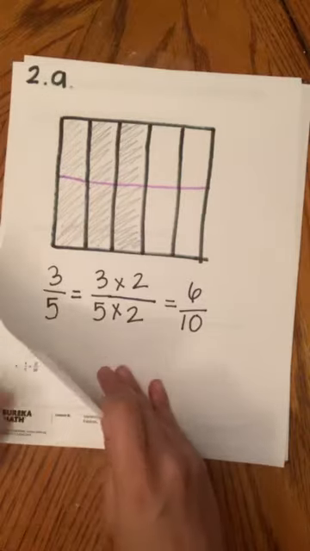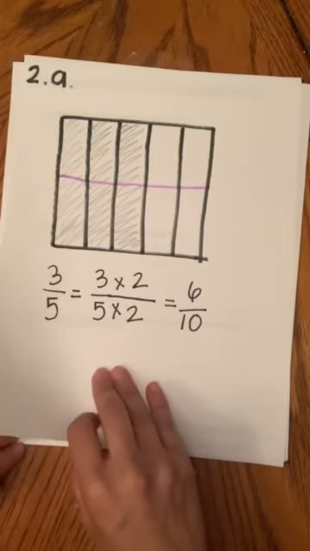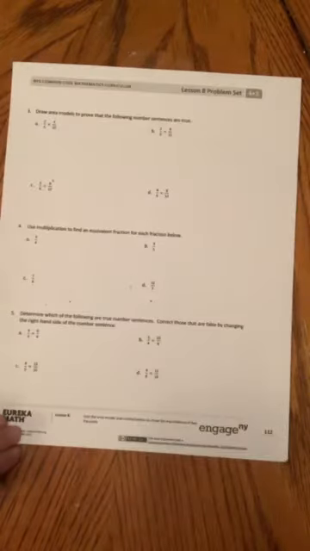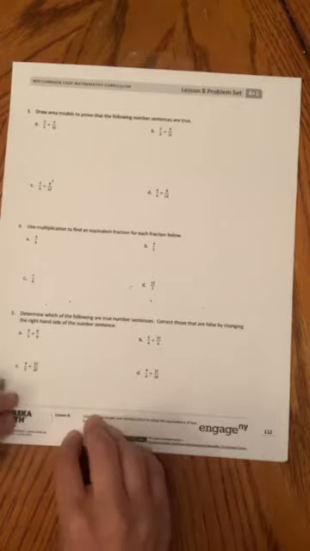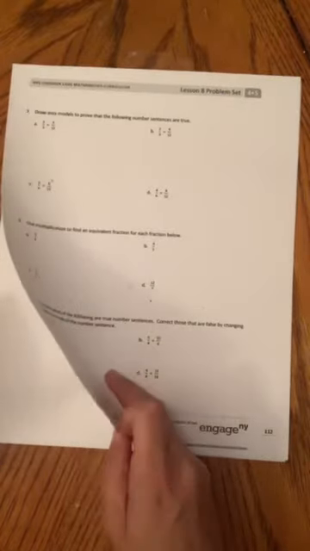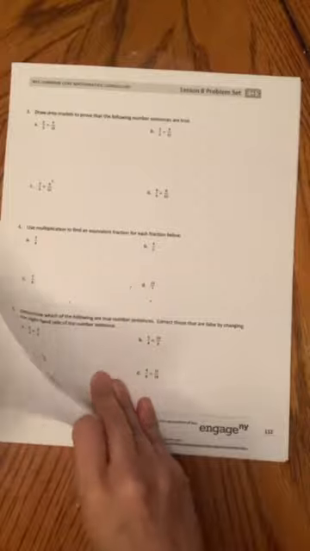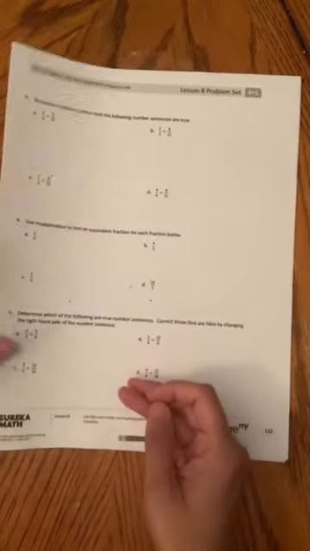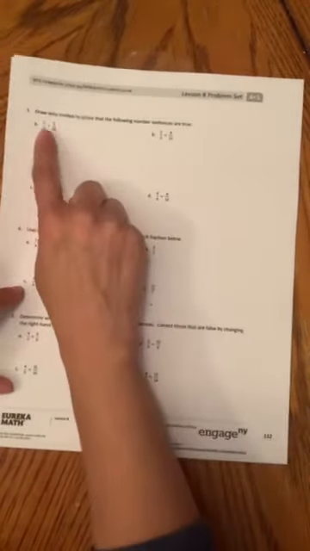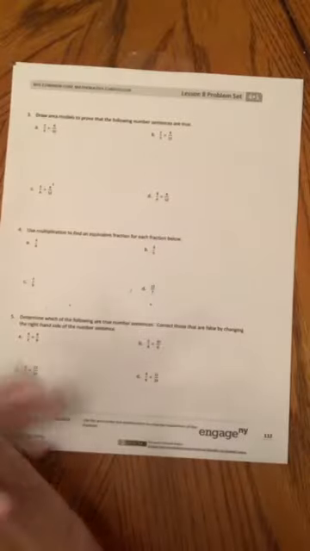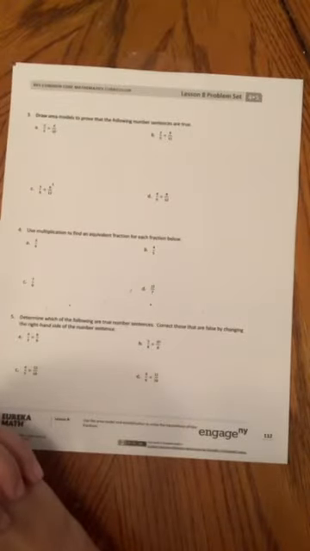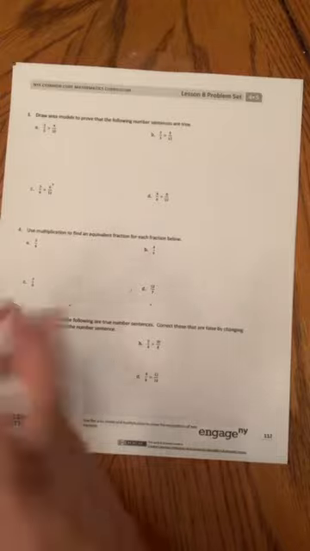Now let's see, what else should we do together? Why don't we go ahead and see what Miss Martinez wanted to do with you. Let's do number 3A together. It says, draw an area model to prove that the following number sentences are true. Got it.